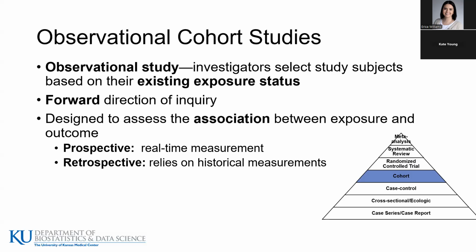These are observational studies where investigators select study subjects based on their existing exposure status, and this involves a forward direction of inquiry. These are designed to assess the association between the exposure and outcome. There are two different types. There's the prospective study, which involves real-time measurement, and then retrospective, in which we rely on historical measurements.